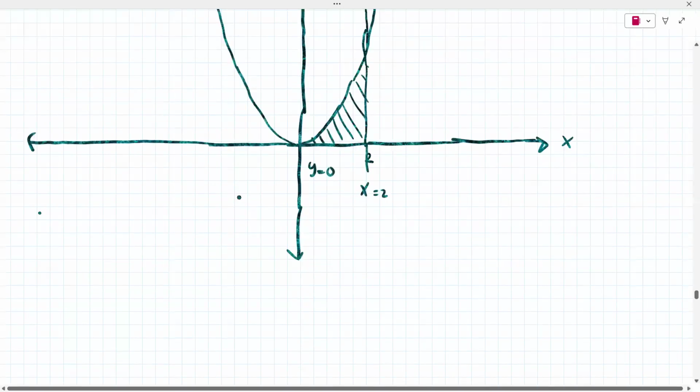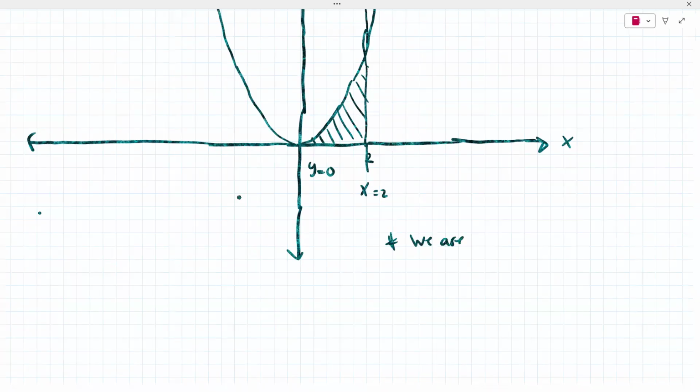So we are no longer perpendicular to x, and we are perpendicular to y.